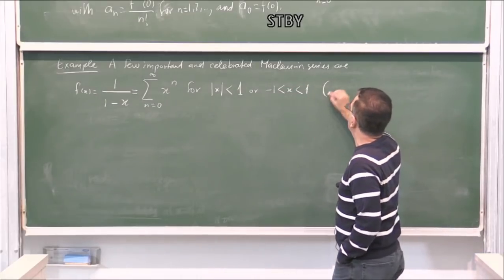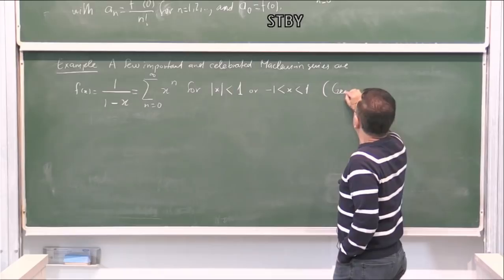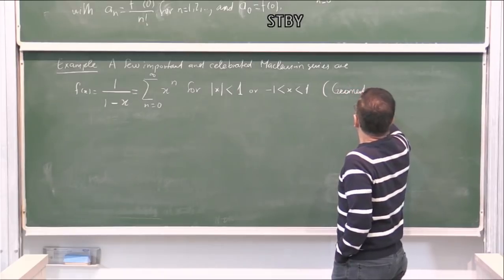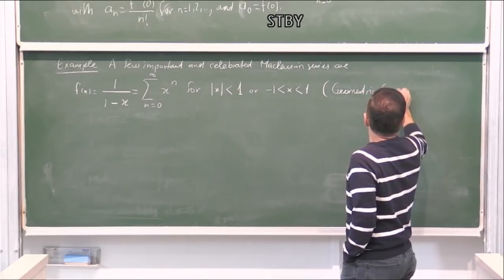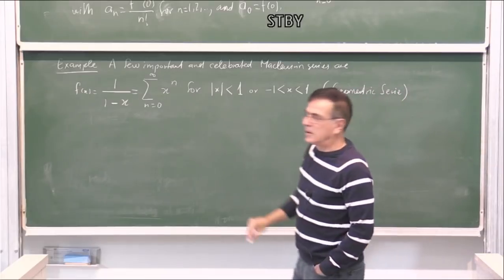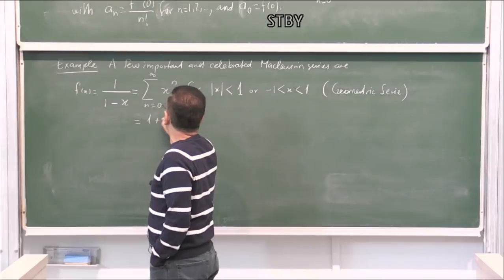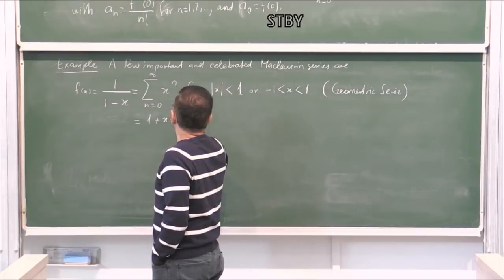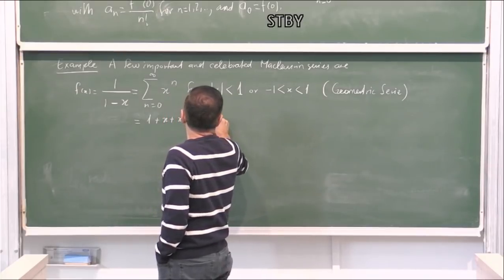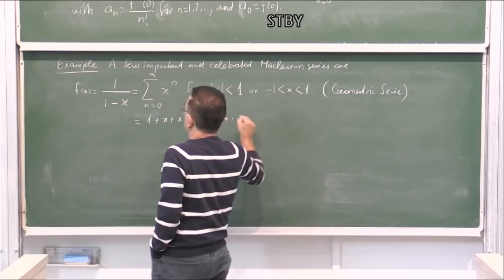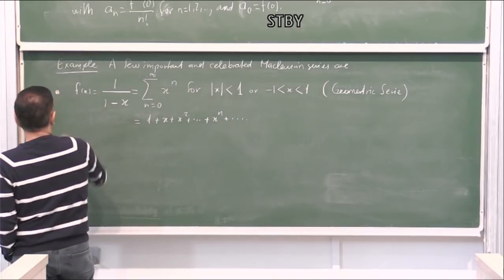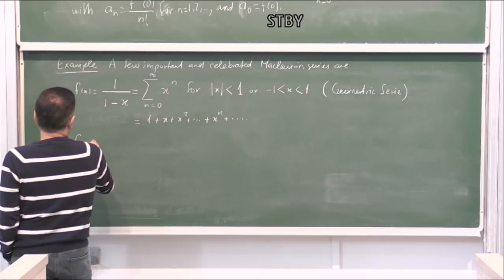This is very well known as the geometric series. Good. Explicitly, it is of the form 1 plus x plus x squared plus x to power n, and so on.